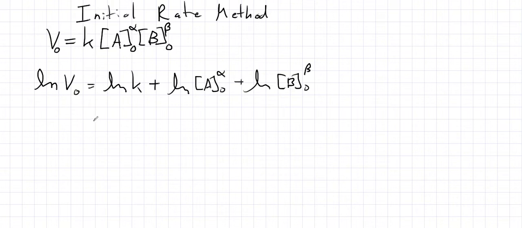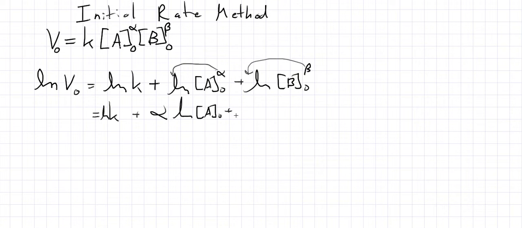A useful property of logarithms is that we can pop these exponents in front of the logarithm. And so this is equal to the log of K plus alpha log of A naught plus beta log of B naught.